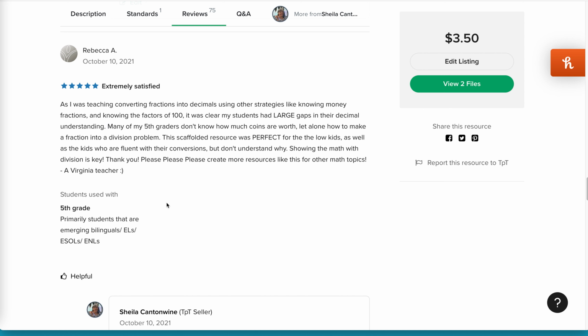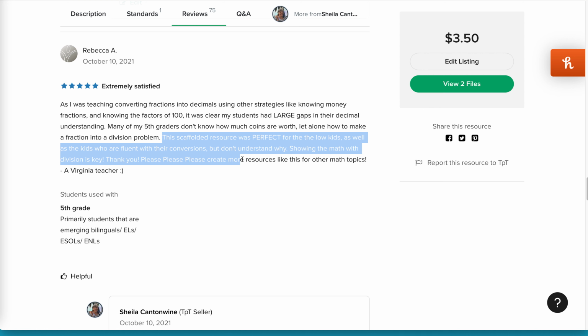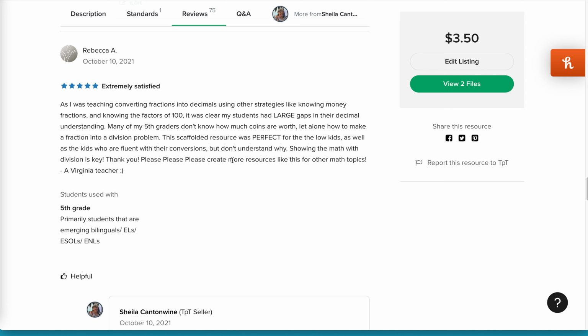Many of my 5th graders don't know how much coins are worth, let alone how to make a fraction into a division problem. So this whole ability to make a fraction into a division problem is so key for this particular skill. This scaffolded resource was perfect for the low kids as well as the kids who are fluent with their conversions but don't understand why. Showing the math with division is key. And then she had some really kind words there.